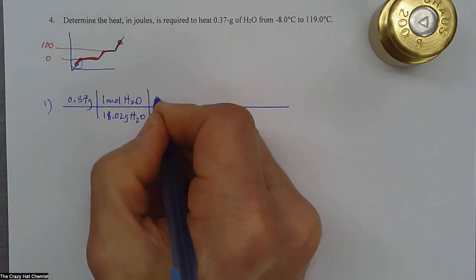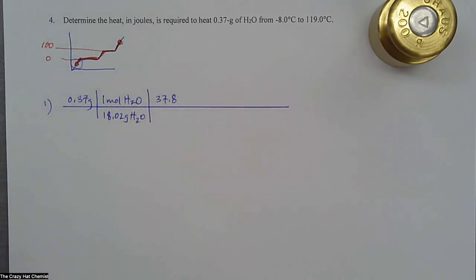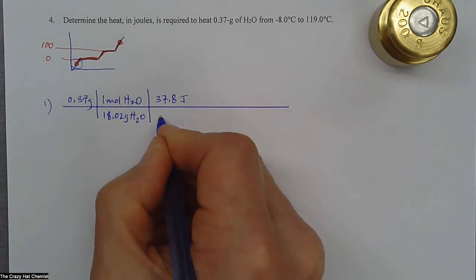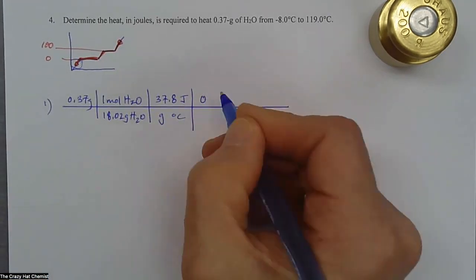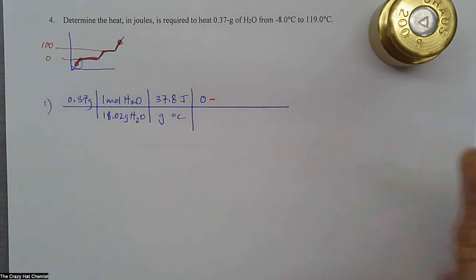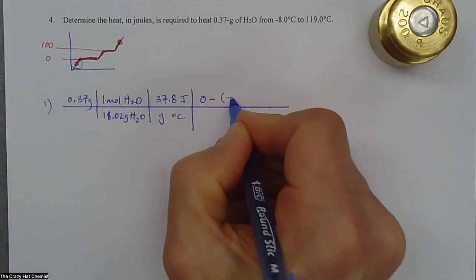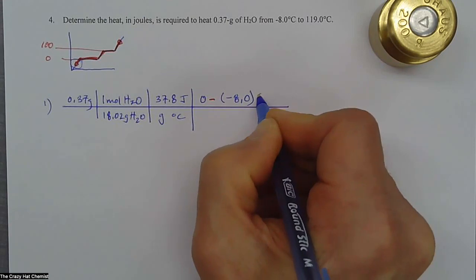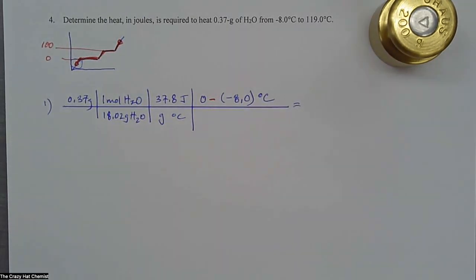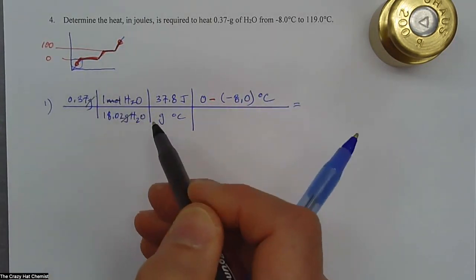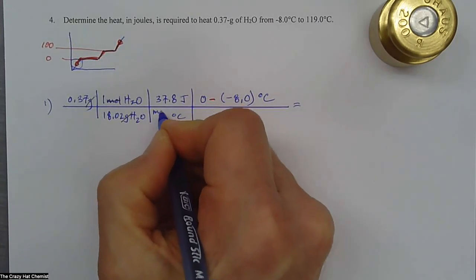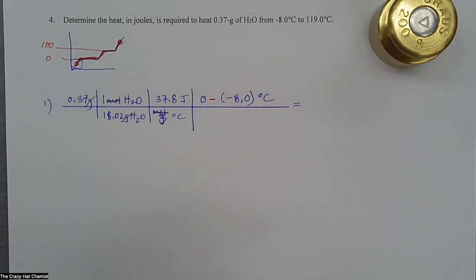And the constant is 37.8. That's joules per mole, degrees Celsius. And the final temperature is 0 minus the initial temperature, and in this case, it's -8.0 degrees Celsius. It's going to equal some value here. You should see that the reason I'm doing this is the grams cancel, the moles. Whoops, I apologize. This is actually moles. The moles cancel, and the degrees Celsius cancels, and what does not cancel are the joules. So that's perfect.